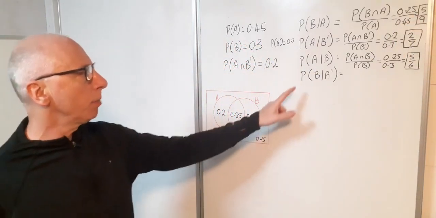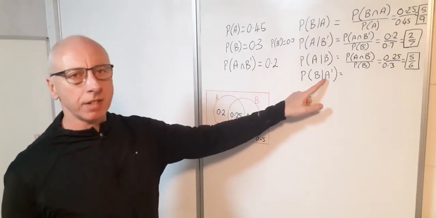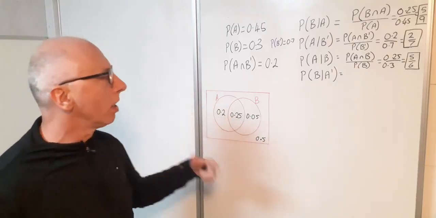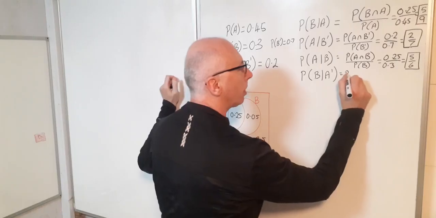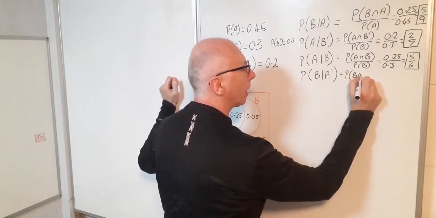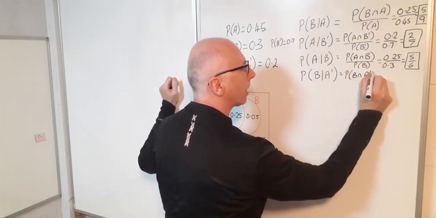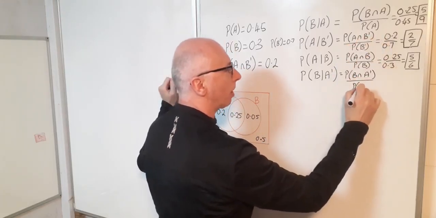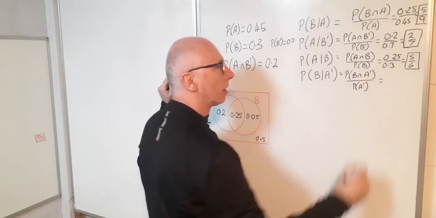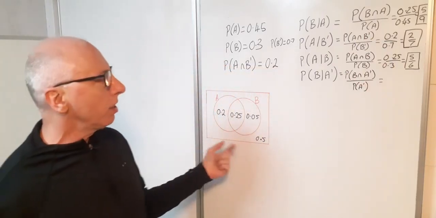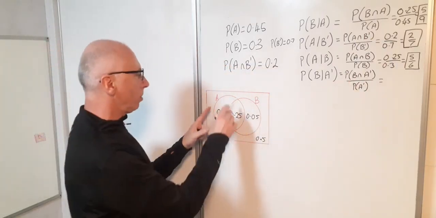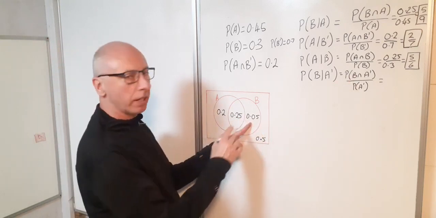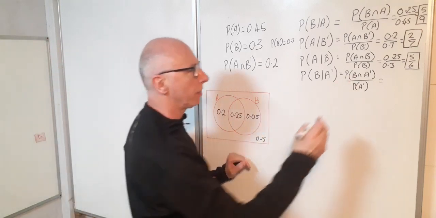And then the last one is the probability of B given that not A has already happened. So then that one will be the probability of B intersection not A, so different to this one, and the probability of not A. So B intersection with not A, so not A, but intersecting B, that just leaves me with 0.05.